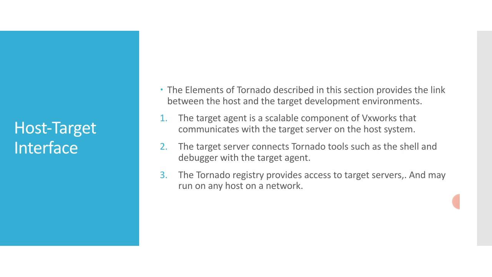A target server need not be on the same host as the Tornado tools as long as the tools have network access to the host where the target server is running. So, the Tornado registry, this is how the Tornado registry looks. A central target server registry allows you to select a target server by a convenient name.